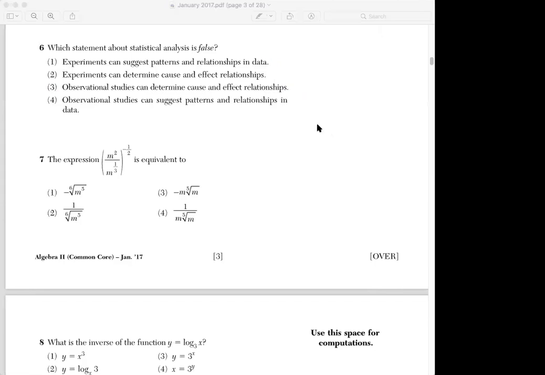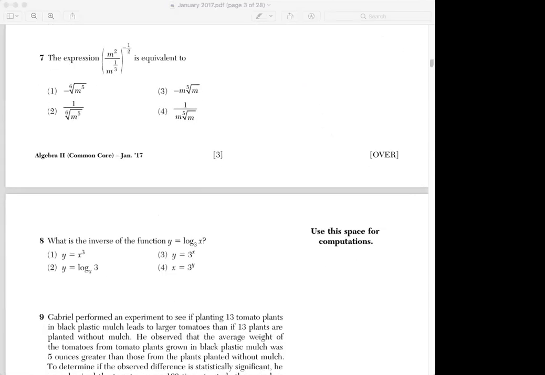Okay, 7 we can do. They're asking what is equivalent. Let's see, so we do the subtraction first. So we do m to the 2 minus 1/3, and all that to the negative 1/2. Let's see, 2 minus 1/3. 2 over 1 minus 1 over 3.